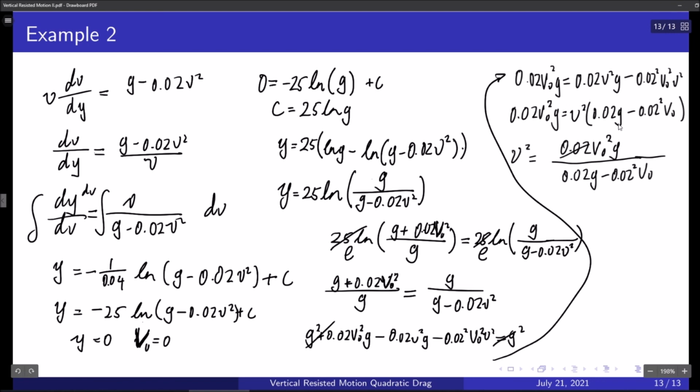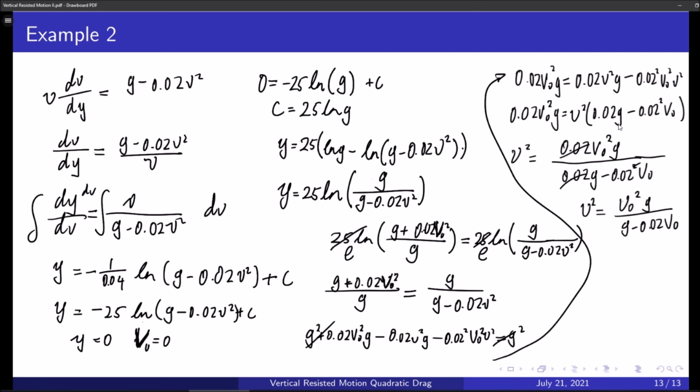Of course, this cancels out, this cancels out, so v squared just equals v naught squared g over g plus 0.02 v naught squared.